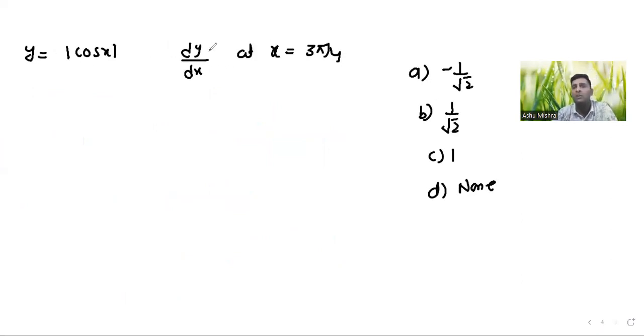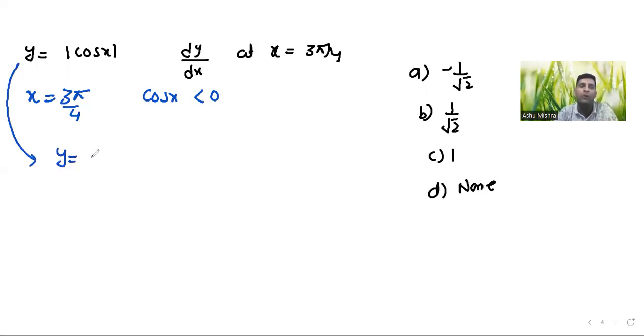Now we have one more question of the same type. Find the derivative of cos of mod of cos x at x equal to 3 pi by 4. We know very well that at x equal to 3 pi by 4, cos x will be less than 0, because it lies in the second quadrant. That means your question will be converted into the form minus of cos x. When you differentiate both sides, you get the derivative of cos x, and you know the derivative of cos is minus sine.